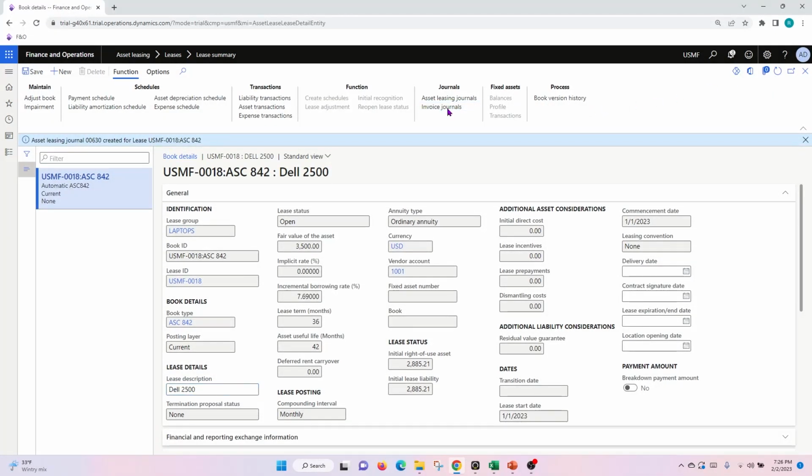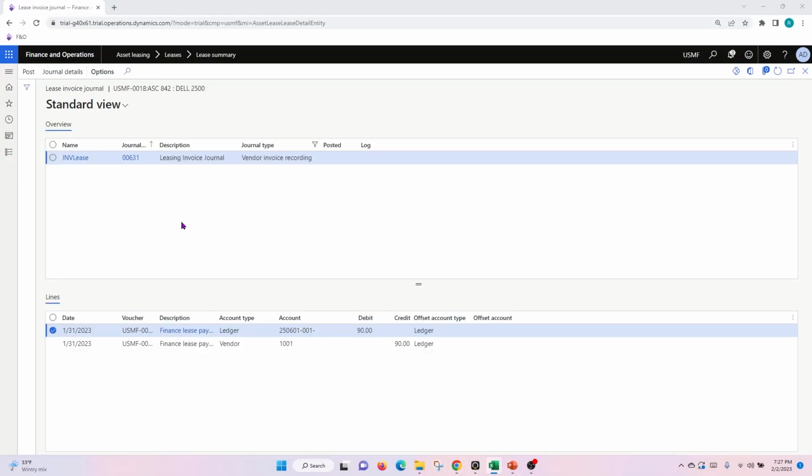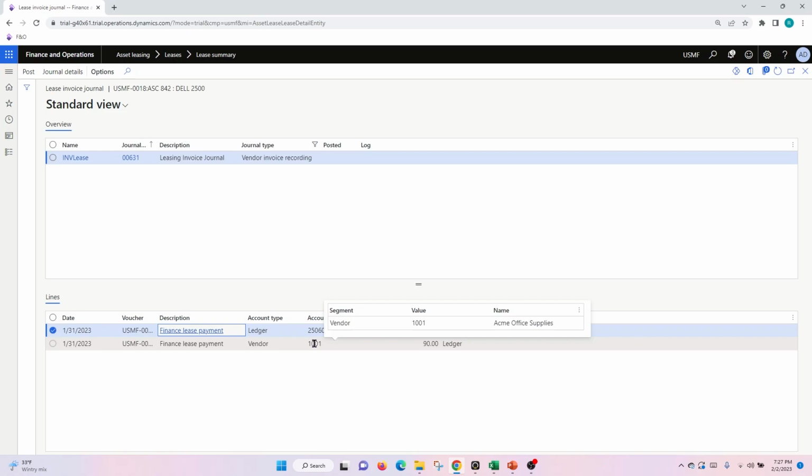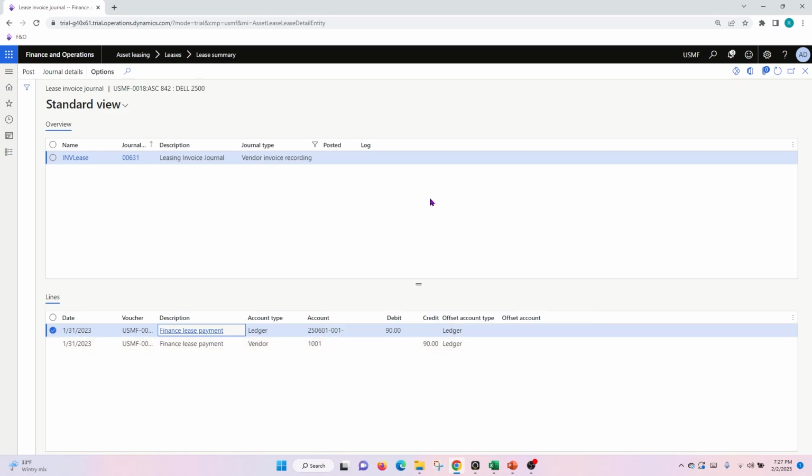Go to invoice journals. And here I can see that I have a debit to my finance lease liability and a credit to my vendor and notes payable. So I'm going to go ahead and post this. Looks good.